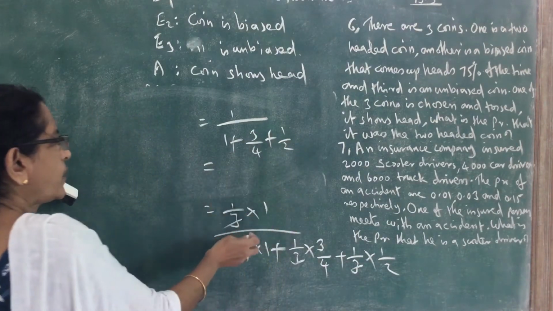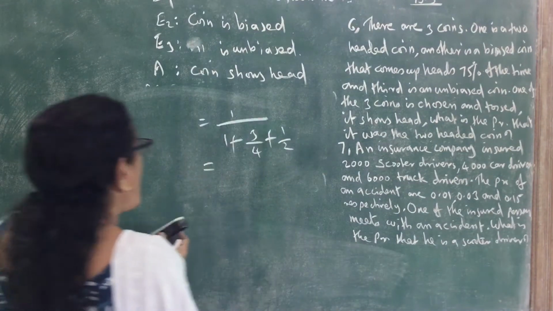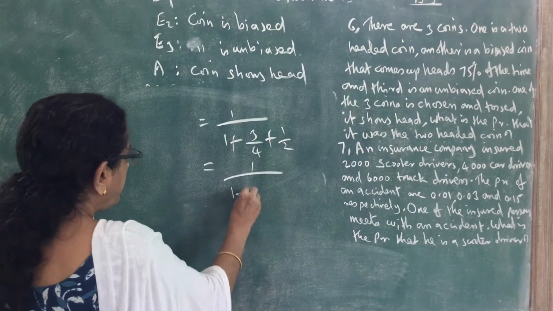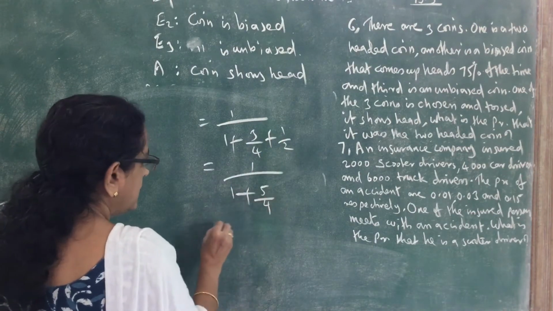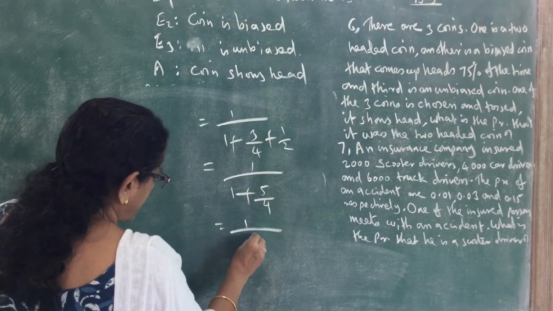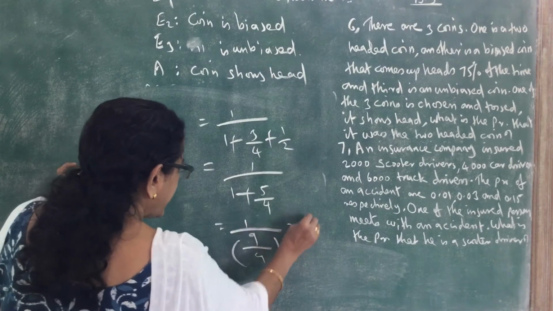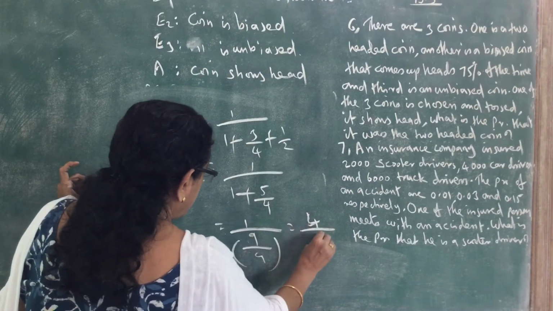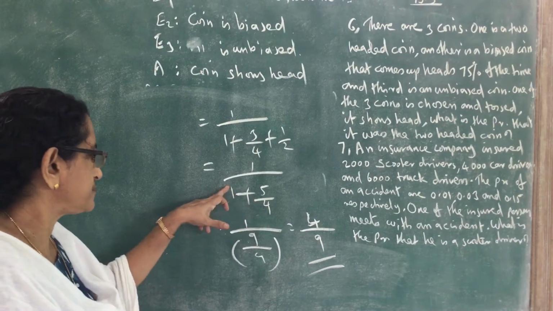So that is equal to 1 divided by, 1 plus 3 plus 2, that is 5 by 4. That is 1 by 4 plus 5, 9 by 4. That is equal to 4 by 9. So the answer is 4 by 9.